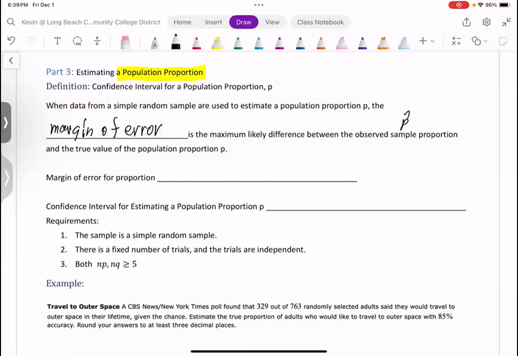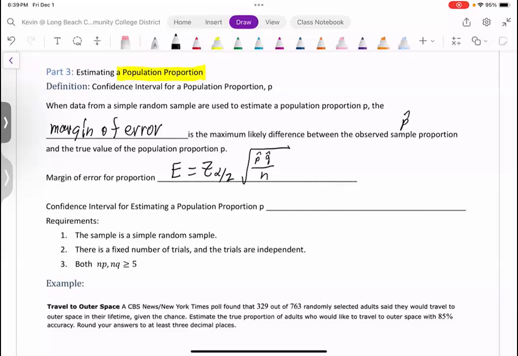The margin of error is going to be, as I mentioned, capital E. It's going to be z sub alpha over 2. By the way, proportion ones are always based on the standard normal, the z distribution, times the standard deviation, which is the square root of p hat q hat over n.